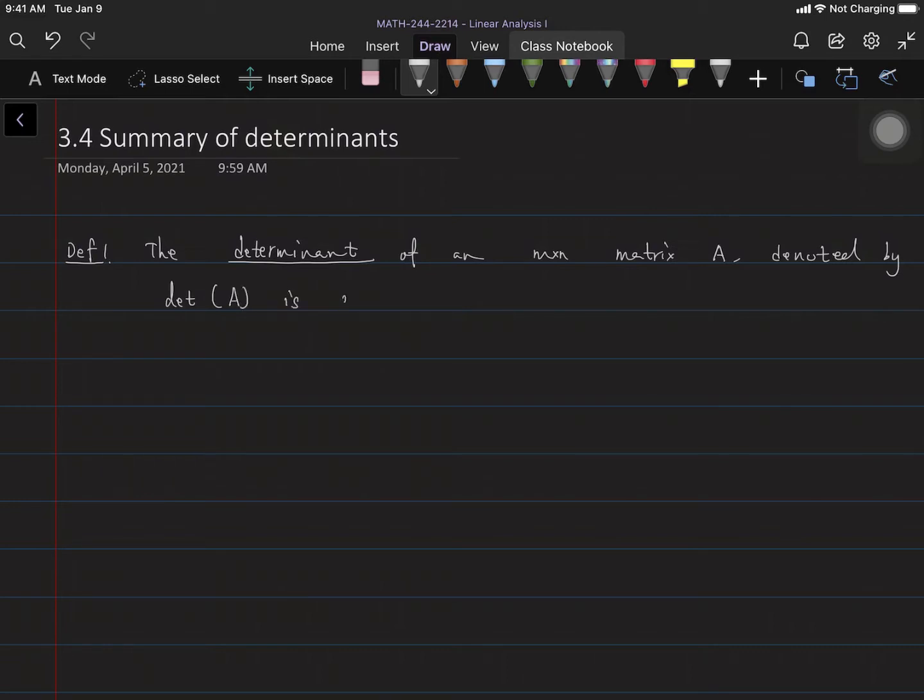What's the determinant? It is a scalar, and can be obtained in the following manners.